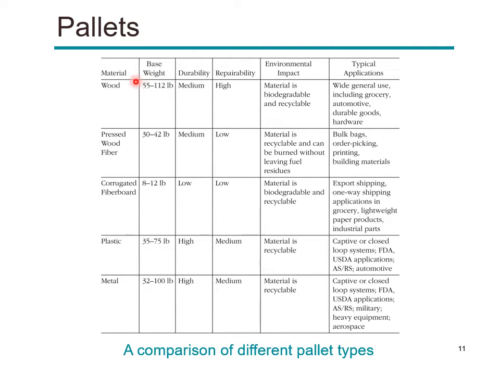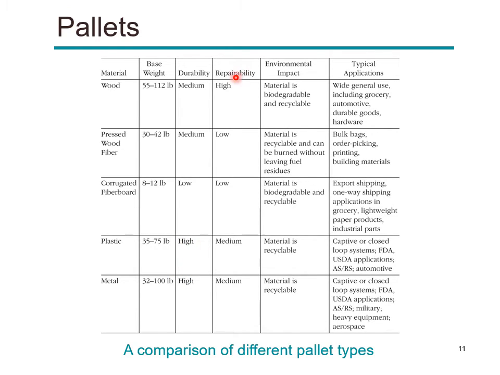So for example, when you compare a wooden pallet, let's say with a pressed wood fiber, you see this wooden pallet is heavier than the pressed wood fiber. Depending on durability, you see wood has a medium durability, but on the other hand, metal or plastic has a high durability.